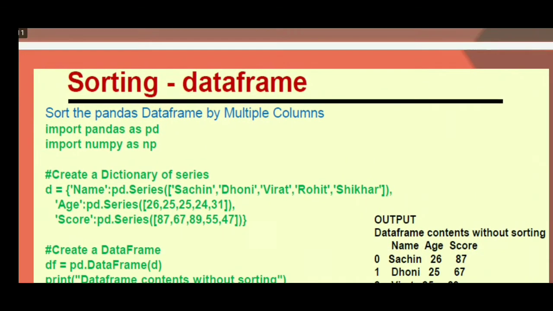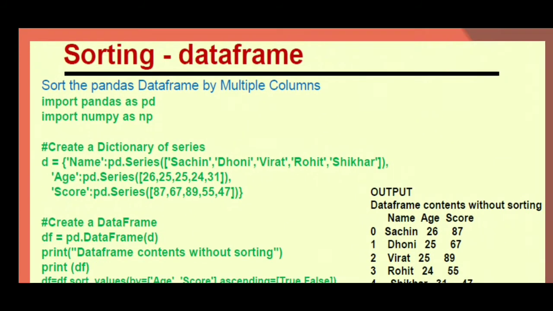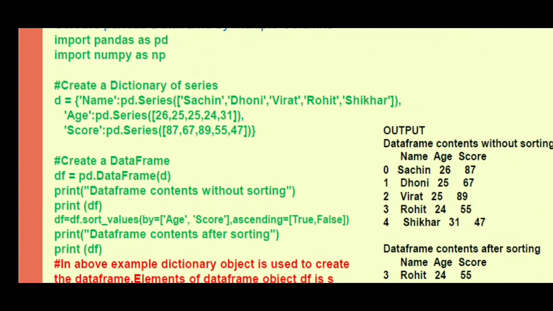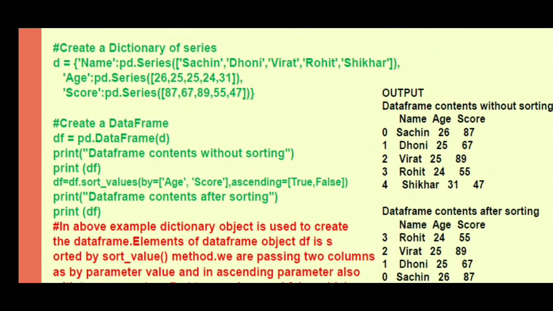Next point, sort the pandas data frame by multiple columns. Same thing: the two import statements, then create the dictionary, then create the data frame, and then you use df = df.sort_values(by=['age','score']). Now we want to sort it by age and score columns, with ascending=True for age and False for score.